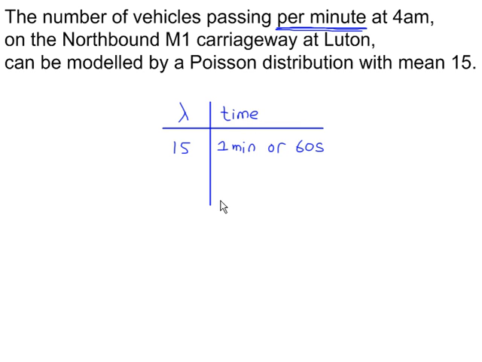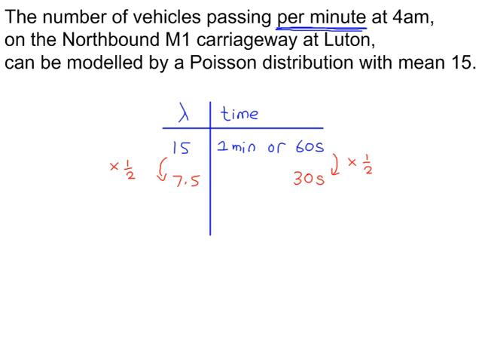If a question was to say work out the probability of something happening in a 30-second interval, then you would think, okay, that's 30 seconds. So if you multiply this side by a half, you do the same on this side. So the value of lambda you would work with is 7.5.